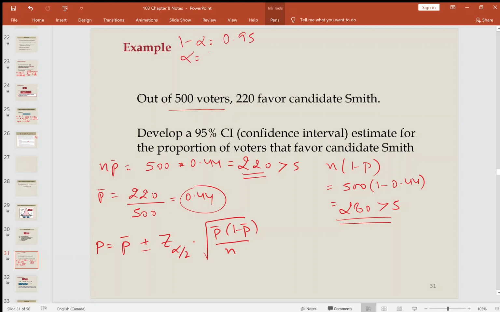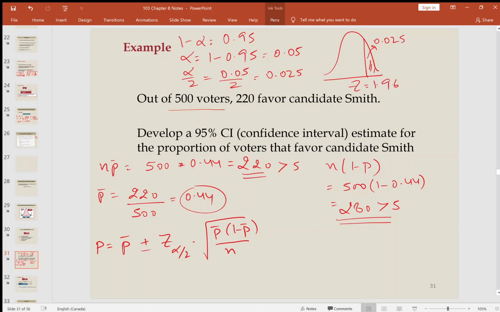So alpha is 1 minus 0.95 equals 0.05. Alpha by 2 is 0.05 divided by 2, which is 0.025. So if we have the standard normal distribution such that this area is 0.025 and we look up the Z table, the Z score will be 1.96.